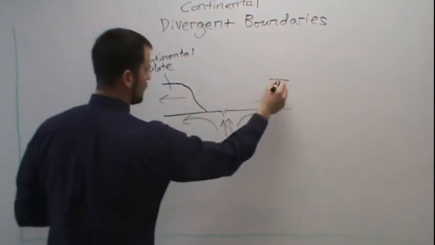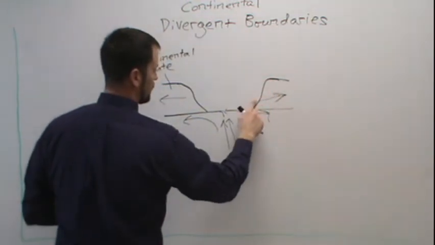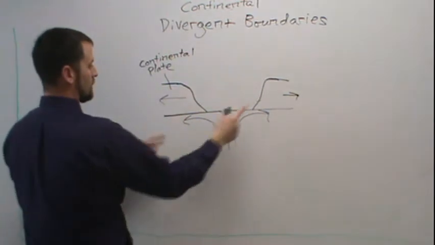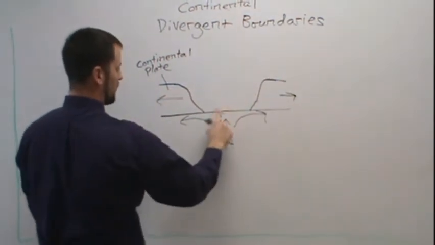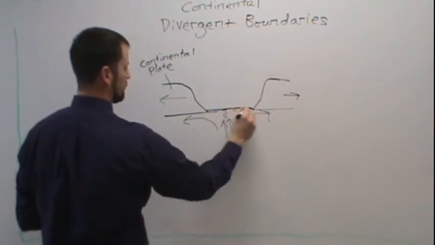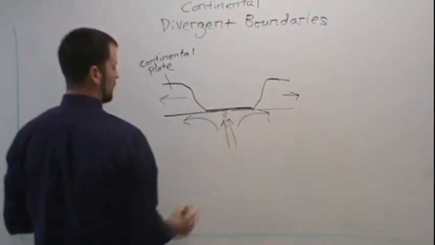And eventually, it gets to look like this, where you have these two cliffs that used to be connected. They're separated apart, and this whole area here has been created. This is all new seafloor, okay?